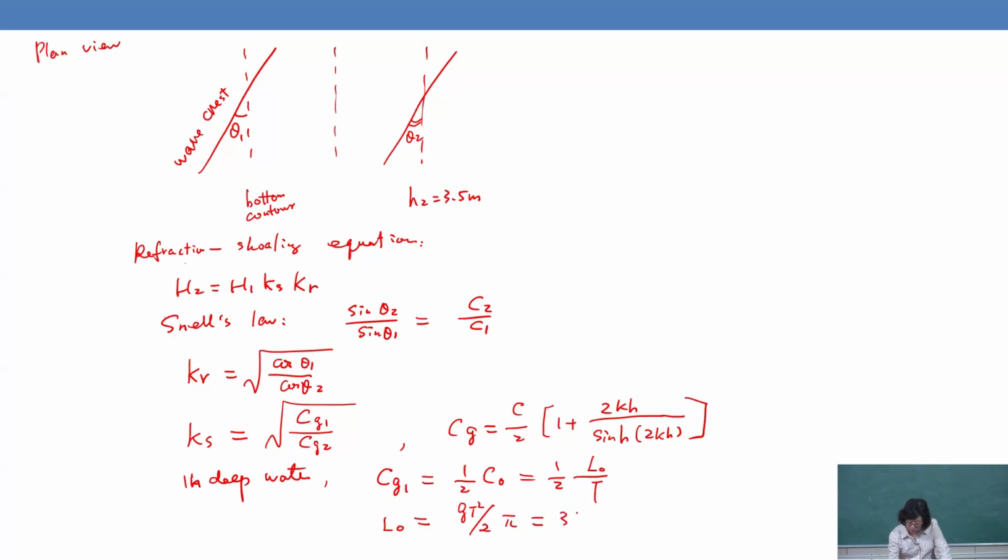So I just skip the steps. Then we have this is 351.3 meter. Then we will be able to calculate Cg1 equal to 11.71 meter per second.